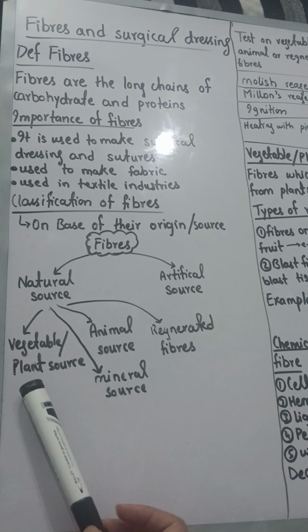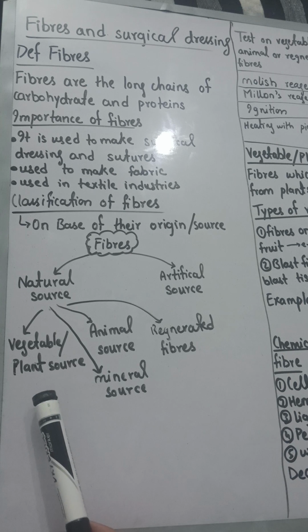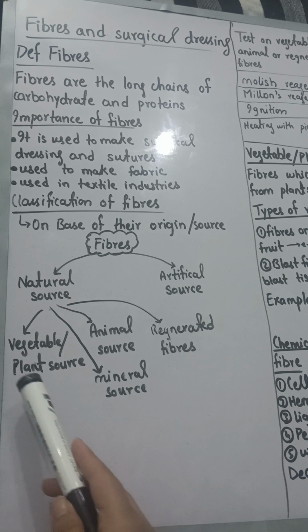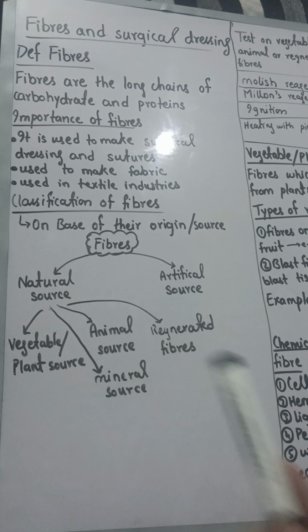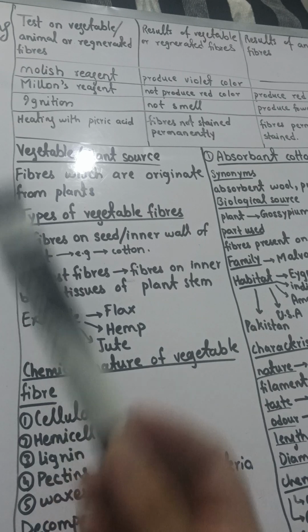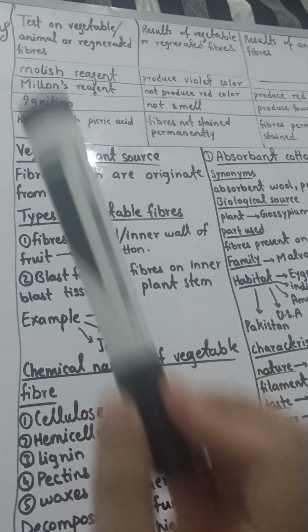First, in this lecture I am going to start with the vegetable or plant source fibers. Before starting the classification, I am going to differentiate the vegetable and plant fibers from the animal fibers. So let's see it. As you can see here, I have given the tests on the vegetable and animal regenerated fibers.